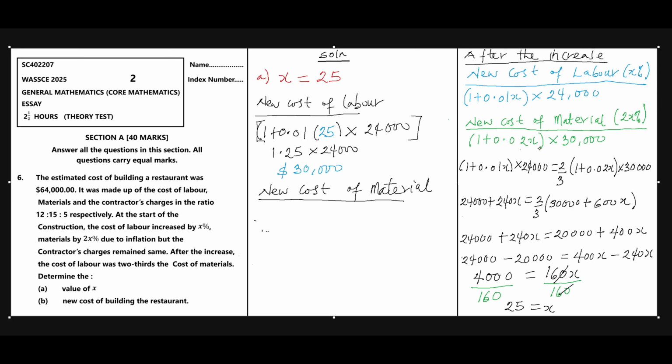This is the expression for the new cost of material: 1 plus 0.02, x is still 25, multiplying 30,000.